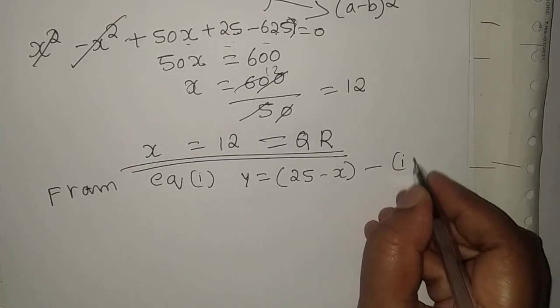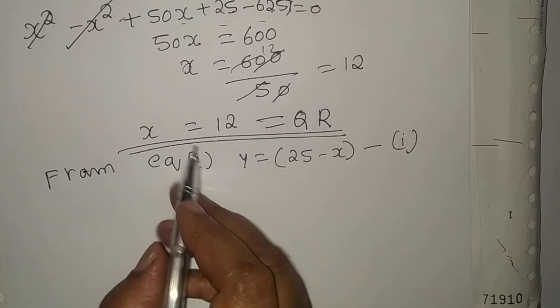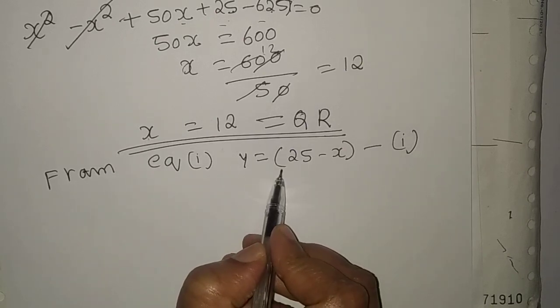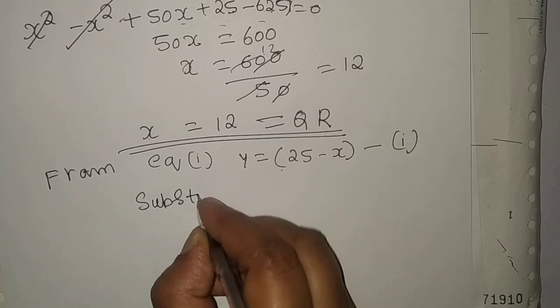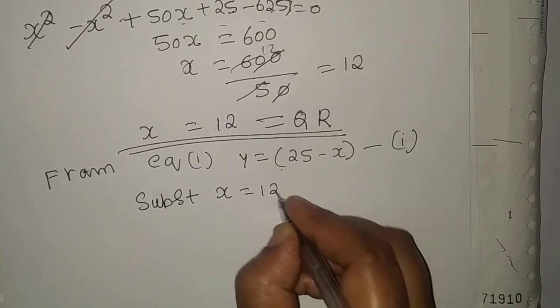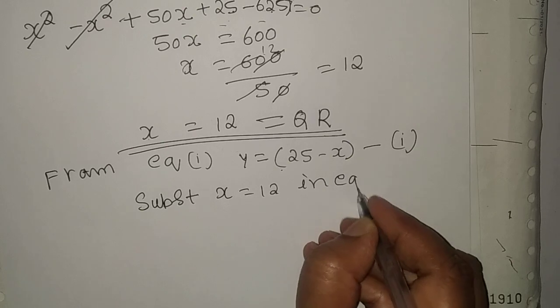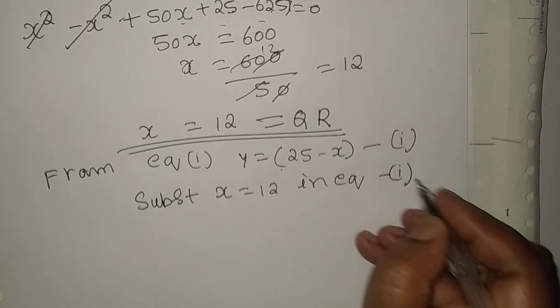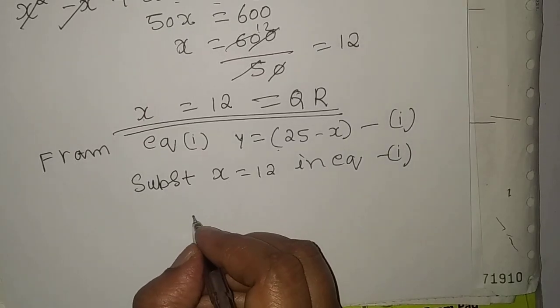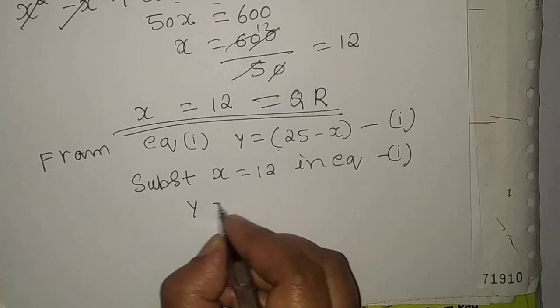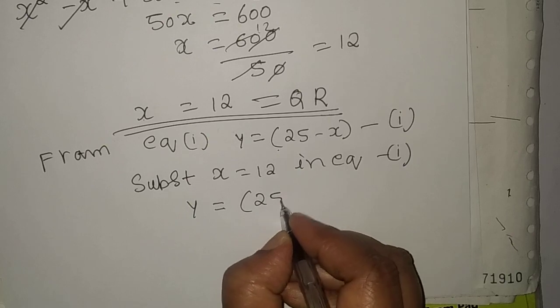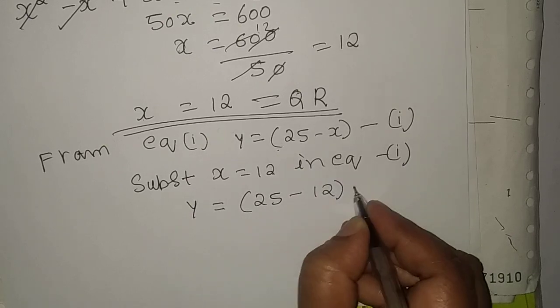This is equation 1. We have to substitute x is equal to 12 in equation 1. So equation 1 will become, therefore, y is equal to 25 minus 12, which is 13.